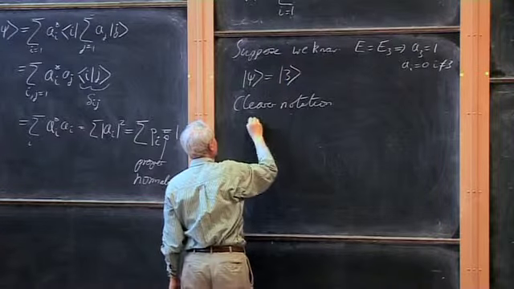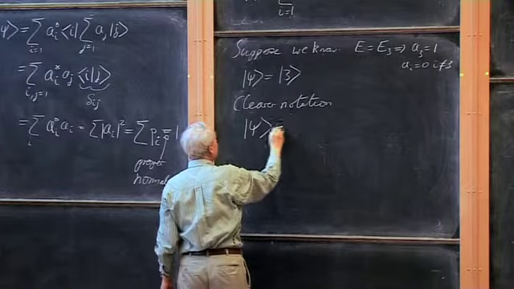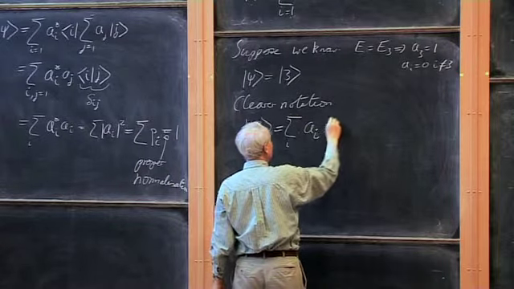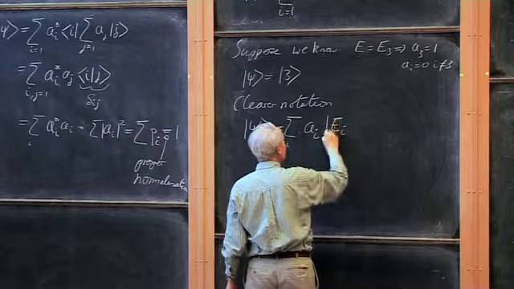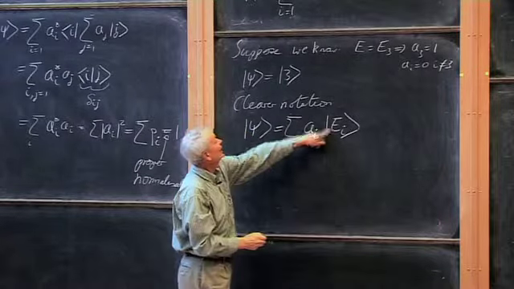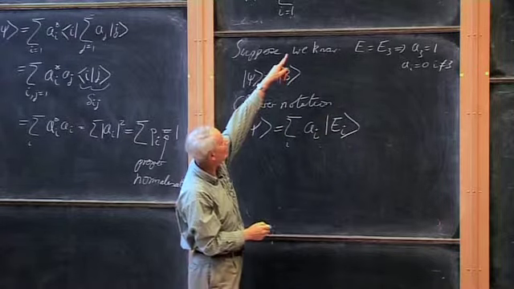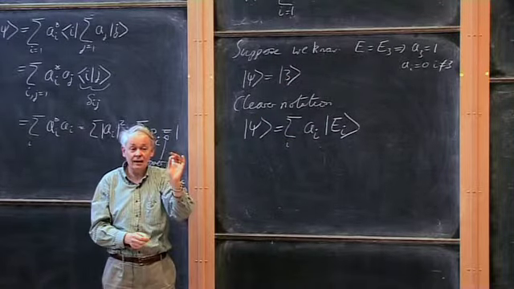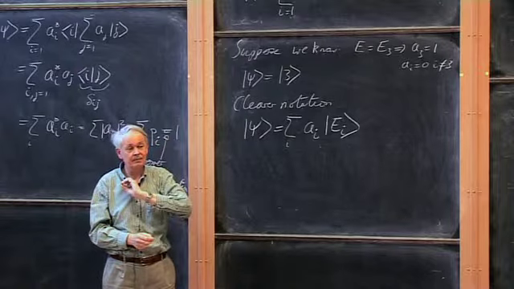So a clearer notation is to rewrite that as psi is the sum over i of A_i times |E_i>. This makes it clear what we've just established, that the state |E_i> is actually the quantum state of definitely having energy E_i.